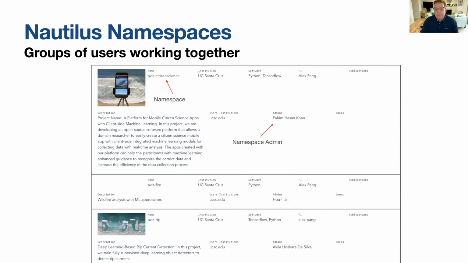The admin, if you wanted to get access to this namespace, you would contact Fahim. And the professor or the PI is Alex Peng. Everyone who runs jobs on Nautilus has to be part of one of these groups.